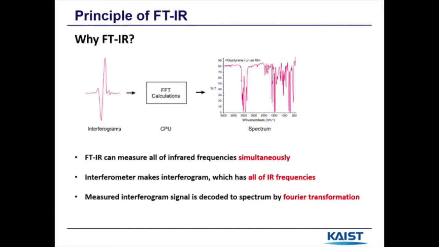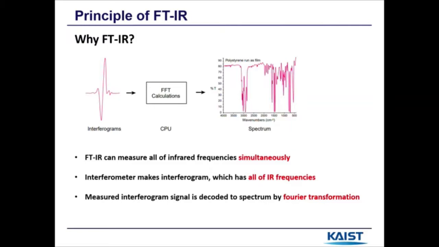And then, why is FTIR good among the many IR spectroscopy methods? Because FTIR can measure the IR absorption of a compound with fast scanning speed. It can measure all of the infrared frequencies simultaneously, unlike dispersive IR spectroscopy, which scans them individually.